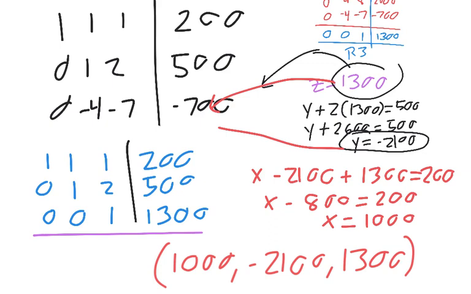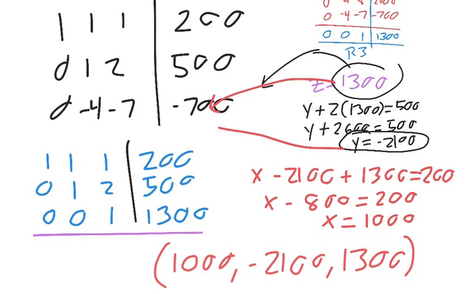So this has 2 answers. If it asks me just to put the matrix in row echelon form, this would be that answer. This is row echelon form. If it asks me to solve the matrix, this is that ordered triple, where they all intersect.